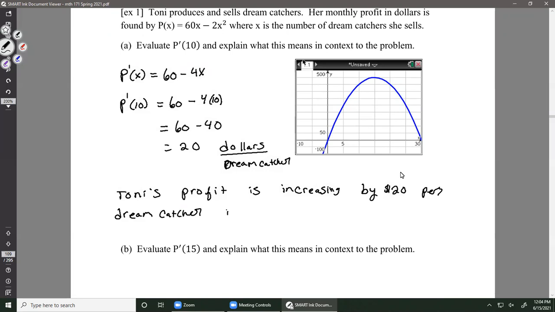So that's if she sells 10 dream catchers. If she sells 11 dream catchers, she'll be increasing how much she makes to a certain point, and then it starts decreasing. The more dream catchers she makes, the less she's making per dream catcher. Okay. Any questions about this or how I put that sentence together or what anything means?